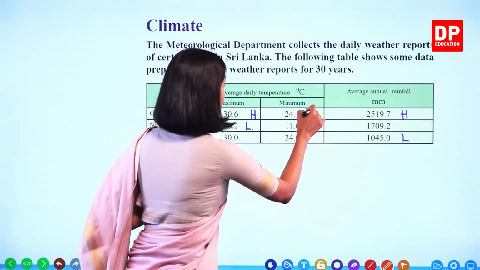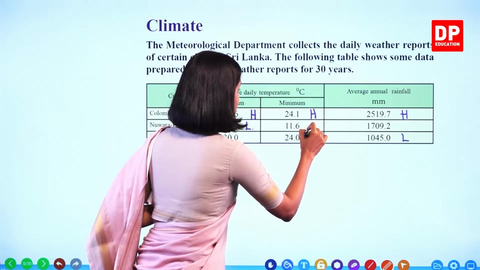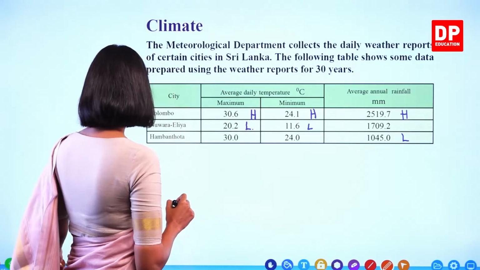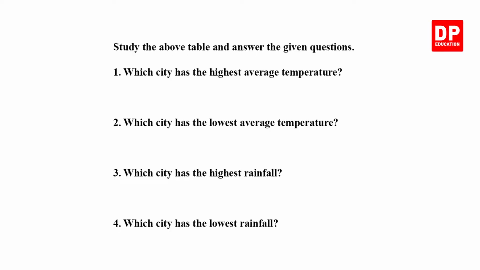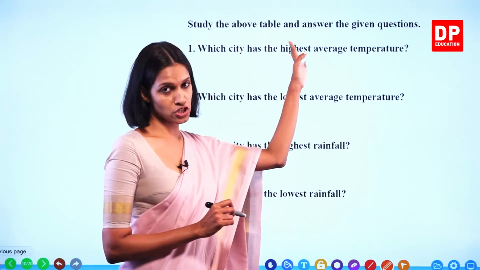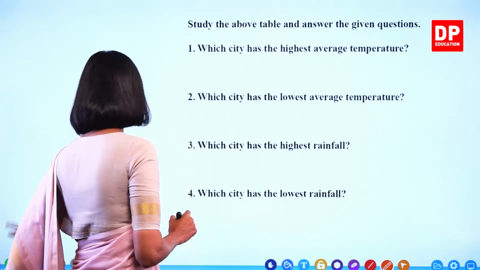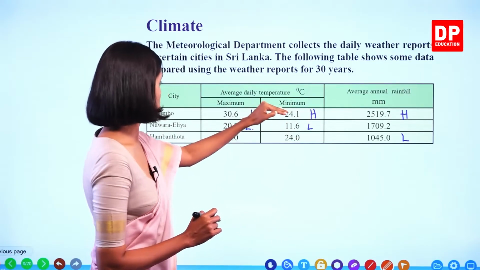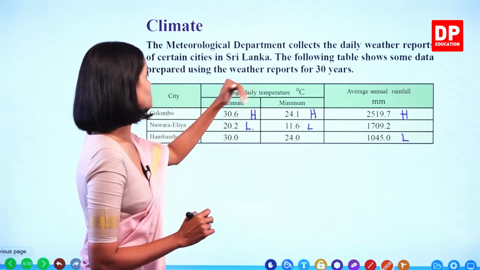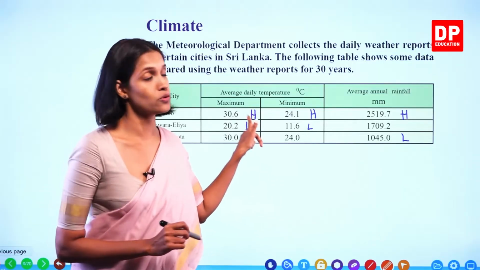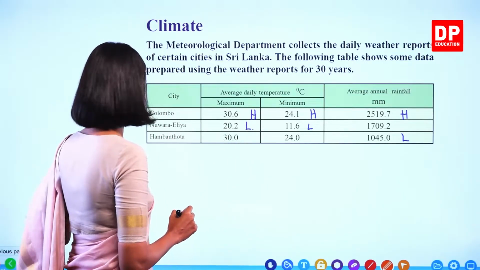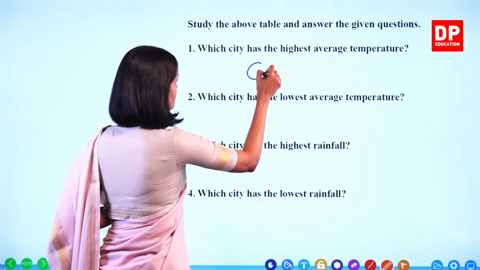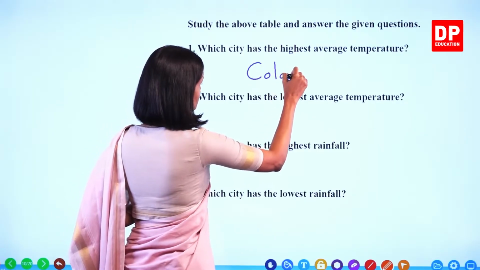Again, Colombo has the highest, Nuwara has the lowest. What was our question again, children? Which city has the highest average temperature? So when you consider both maximum and minimum temperatures, the highest average temperature is present in Colombo, right? Okay. Colombo.